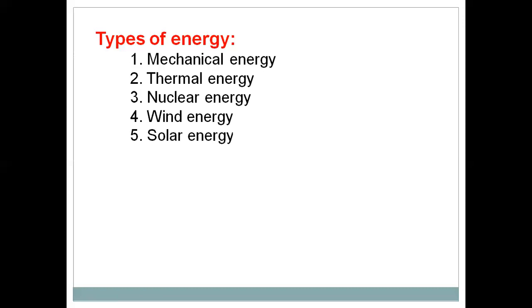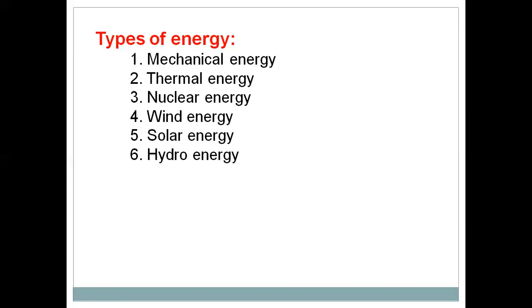And solar energy, nowadays it is a very famous energy, because coal and petroleum products are very limited and are being consumed day by day. Now we are all depending on solar energy, that is sun energy, which is coming from the sun. By using solar energy, nowadays we are producing electricity at a higher rate.